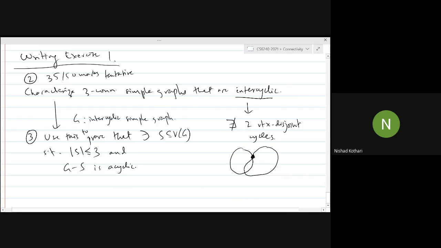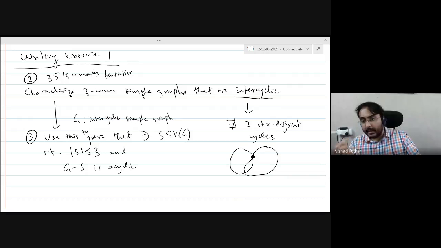Okay, you might have the question, why are we dealing with simple graphs? Well, because often we don't care about graphs that are not simple. Another point is that if you answer this question for simple graphs, then you can also deduce the answer for all graphs by doing some additional work. Because if a graph is intercyclic, the underlying simple graph also has to be intercyclic, right?